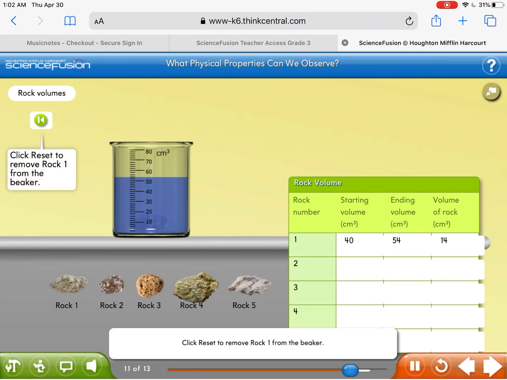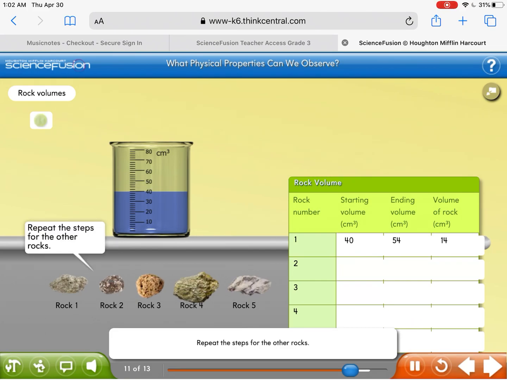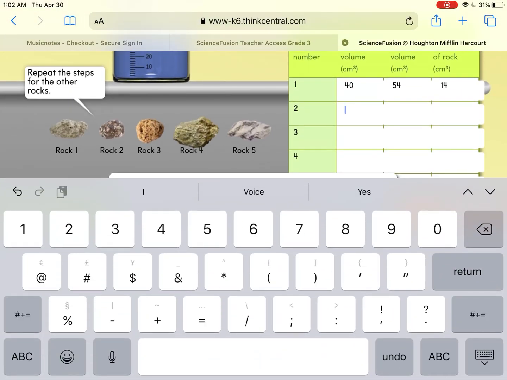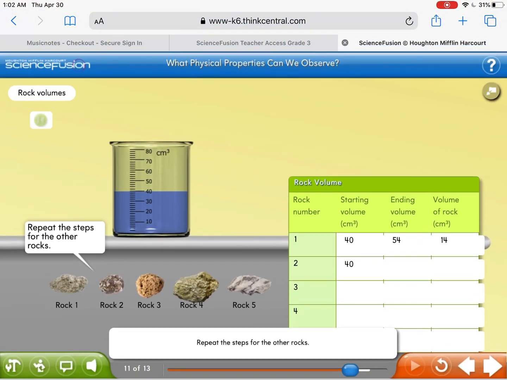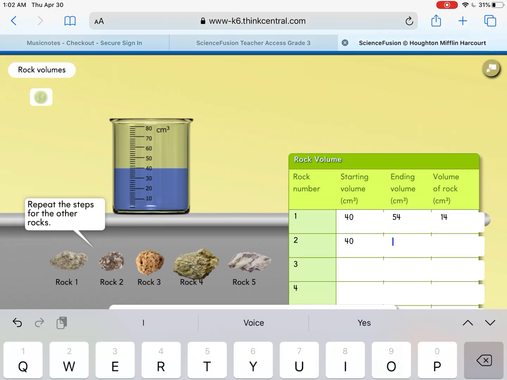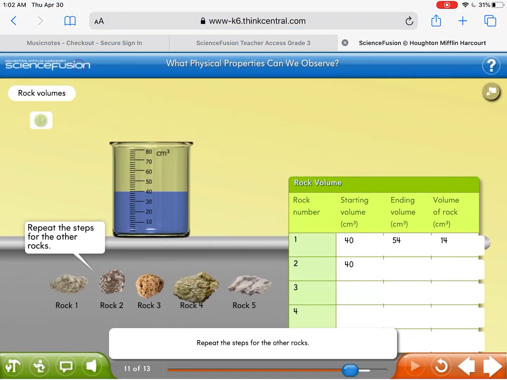Click Reset to remove rock 1 from the beaker. Repeat the steps for the other rocks. So the water went back to 40 cubic centimeters for rock 2 because there's nothing in there to change the volume.